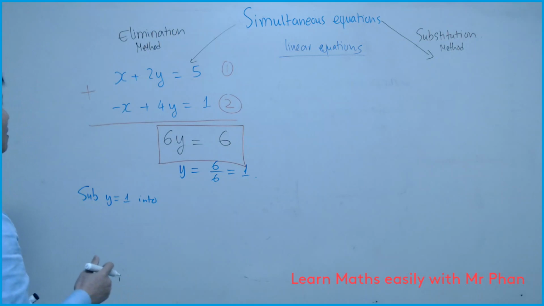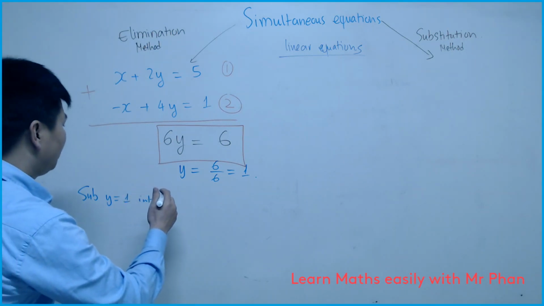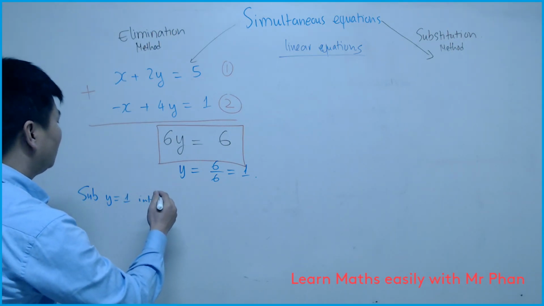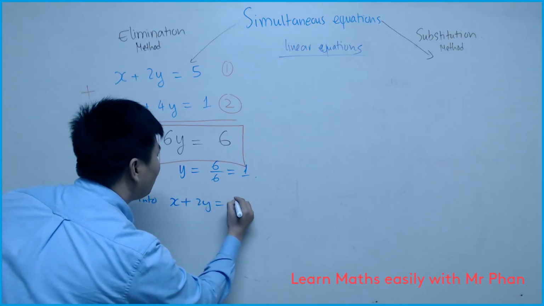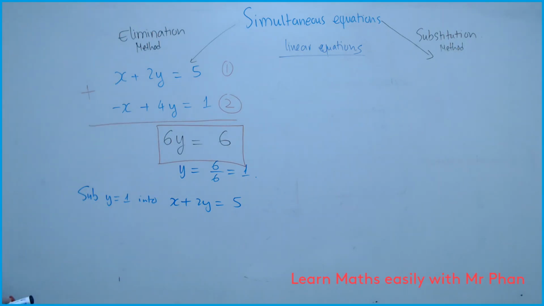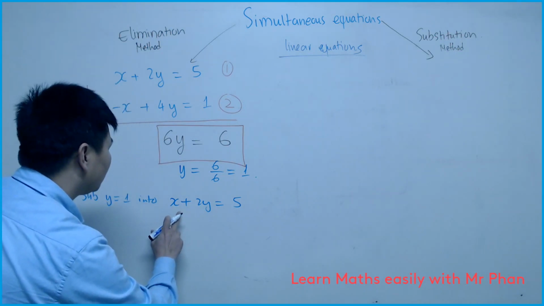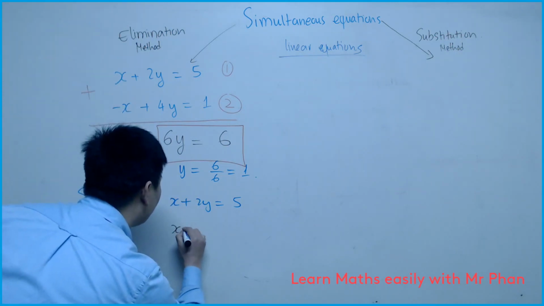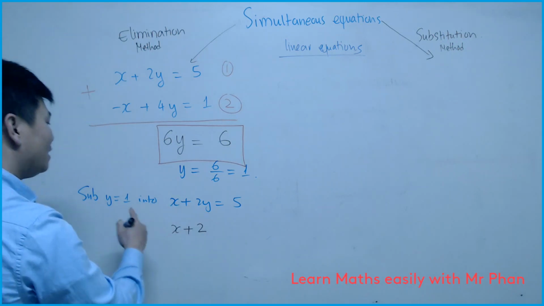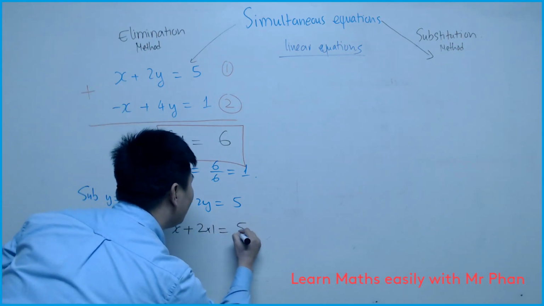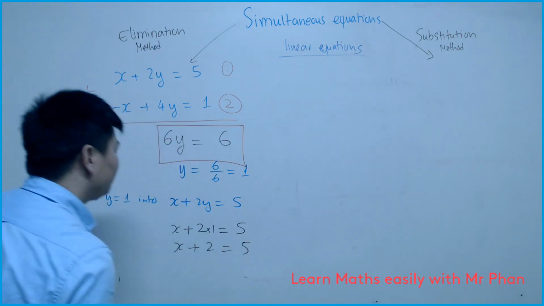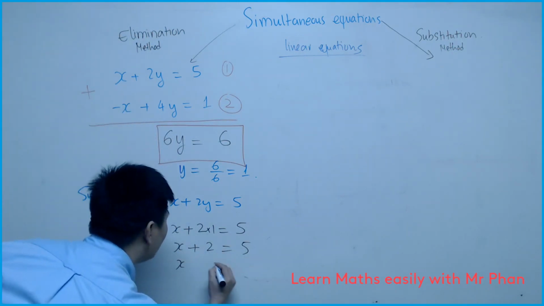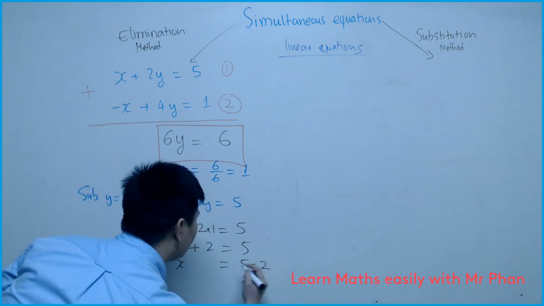So in the first equation, I have x plus 2y equals 5. With y equal to 1, x plus 2 times 1 equals 5. So x plus 2 equals 5, and therefore x equals 5 minus 2, which gives me 3.